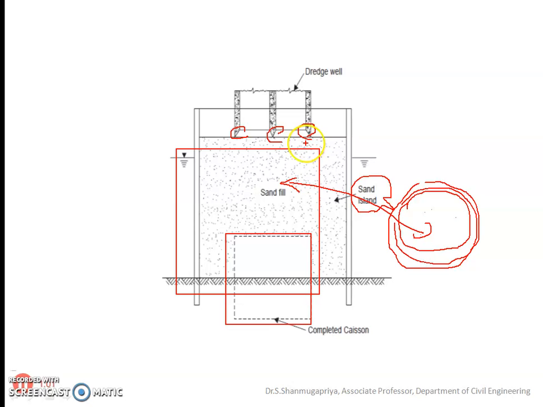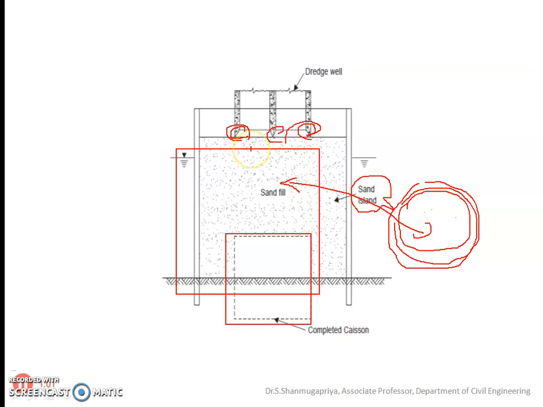Sinking is done through the open water, and it penetrates into the soil. As the soil is excavated from the dredge wells, the caisson sinks by its own weight. The excavation is done by means of dredging with grab buckets. The soil near the cutting edge can be removed by hand if necessary.